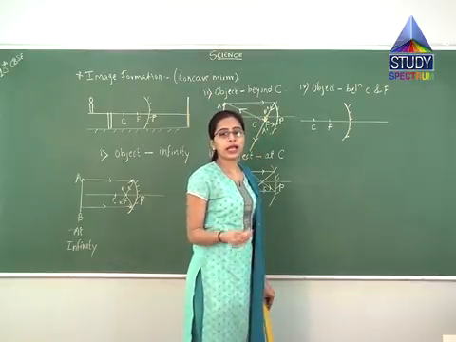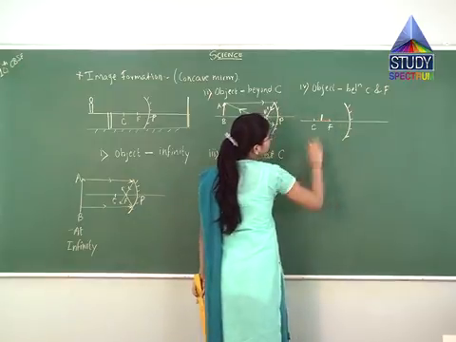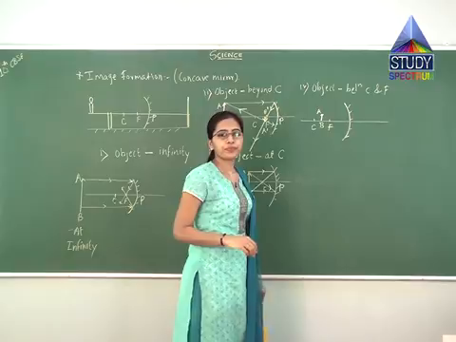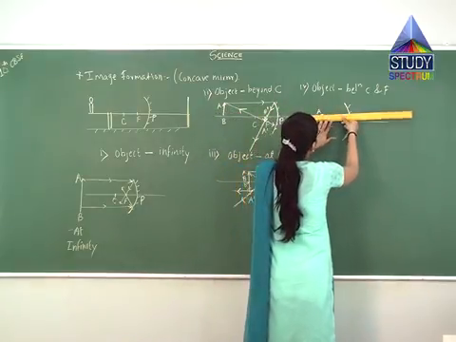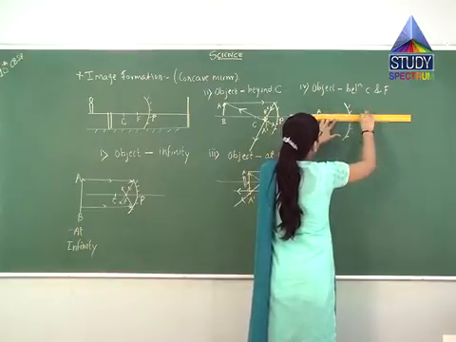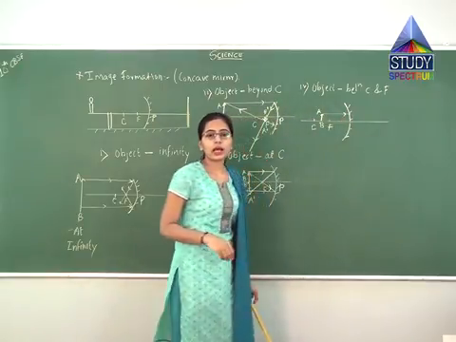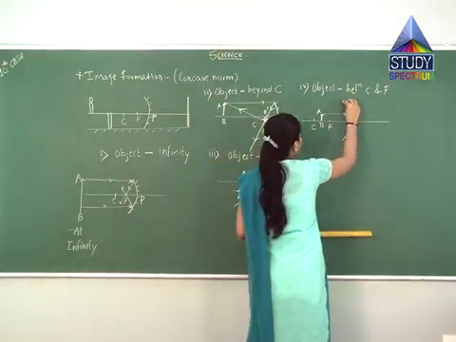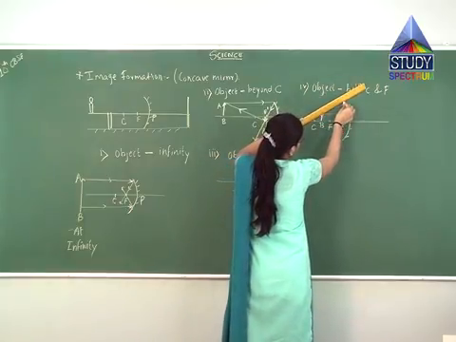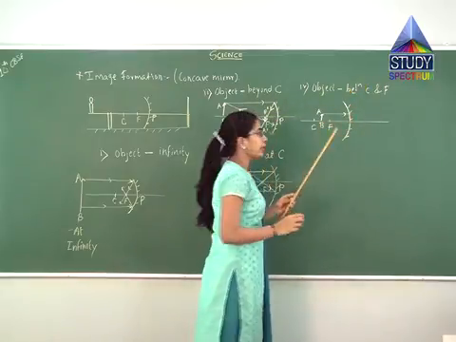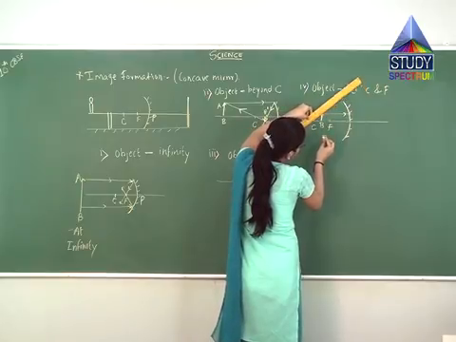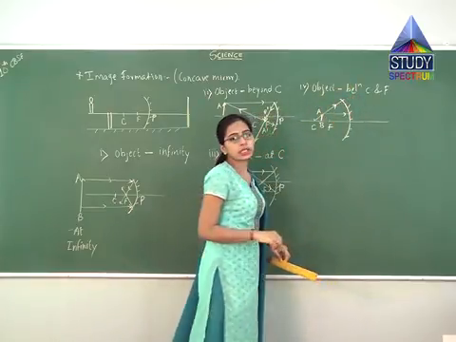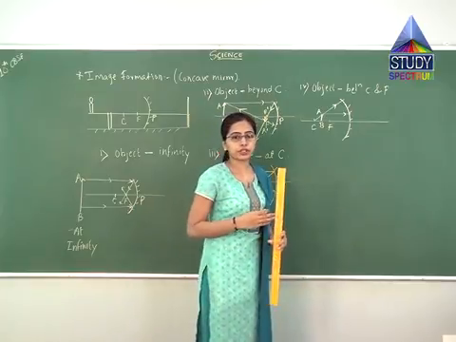Now we are putting our object at a point between C and F. So suppose this is my object A, B. Now one ray will travel parallel to the principal axis, as written in all cases, and another ray will travel like this, as if it is passing through the center of curvature.